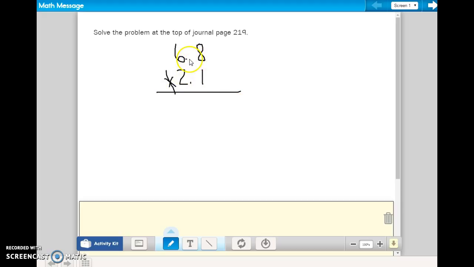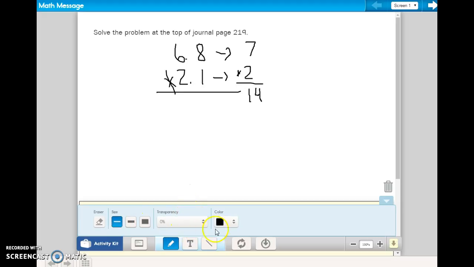So again, let's take a look at this. You know that 6.8, if you rounded it, would be close to 7. 2.1, rounded, would be close to 2. What is 7 times 2? 14. So whatever you get for your answer right down here should be close to 14.